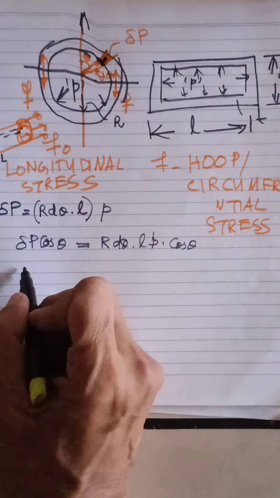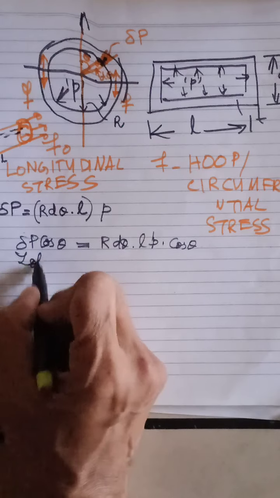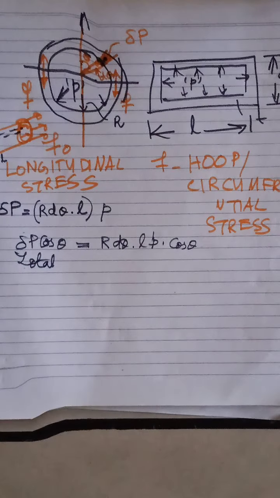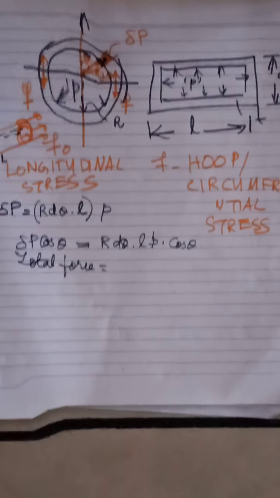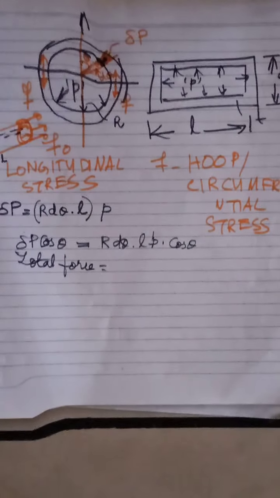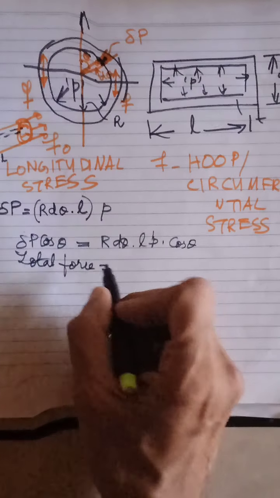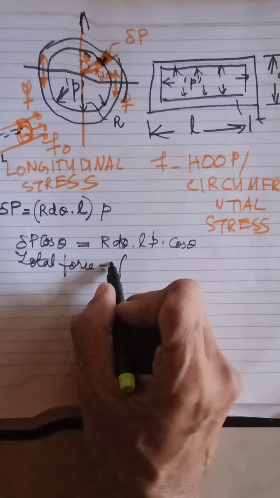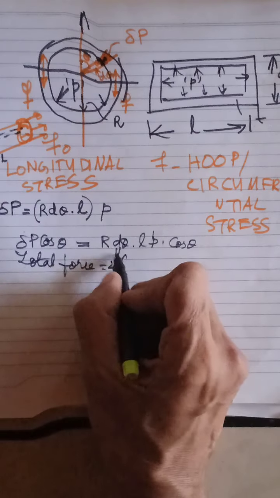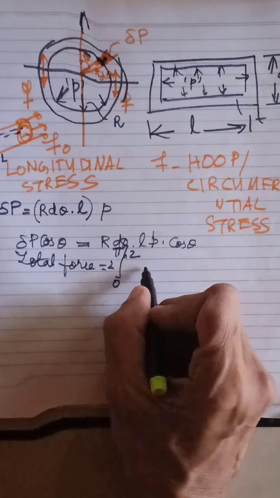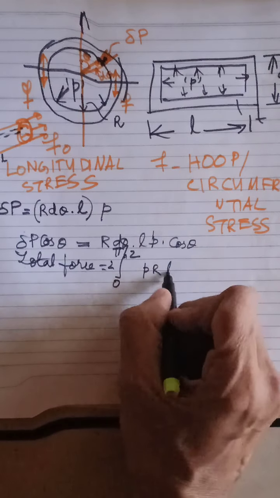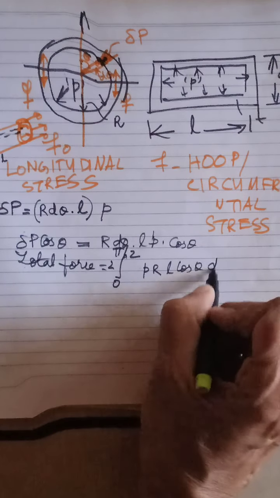For the total force, total force is equal to 2 times the integral from 0 to pi by 2 of p r L cos theta d theta.